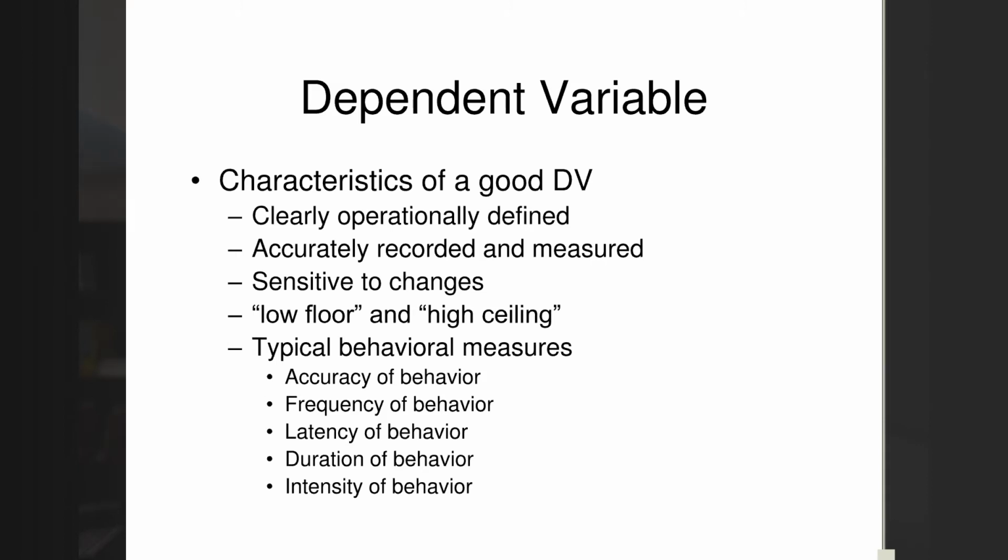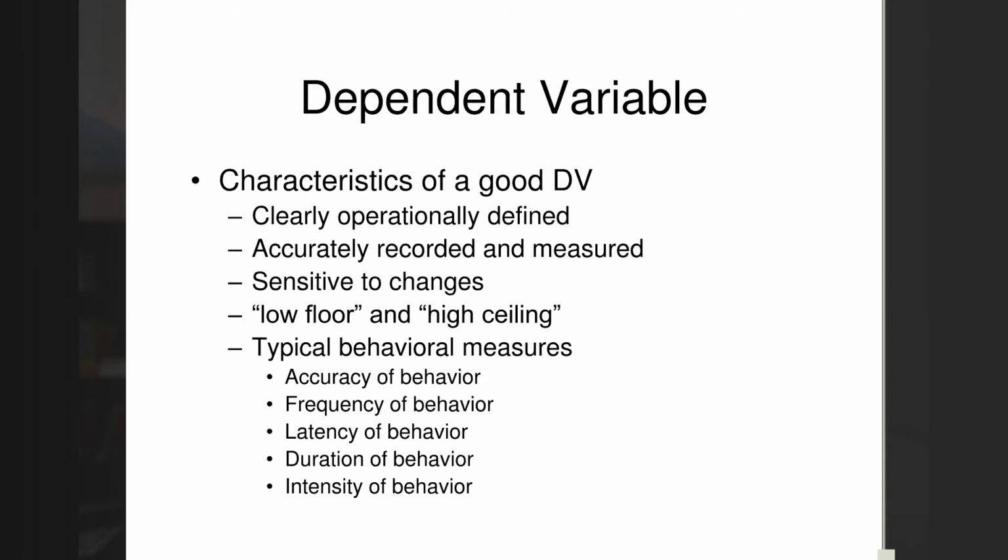So on the Beck Depression Inventory, a score from 0 to 18 is a pretty normal range of depression. But then from 18 to 40-some or 60-some, I forgot what the top end of that is, that's pretty much a clinical range. So it's got a low floor and a high ceiling, so we can show change in this measure.